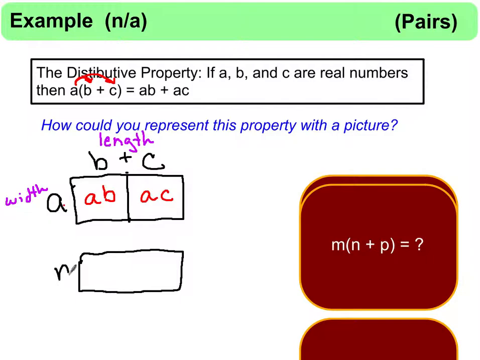And so we could write M and then N plus P, draw our line, multiply, so we get MN, and then M, and then P. So if we wrote our final answer, it would be MN plus MP.